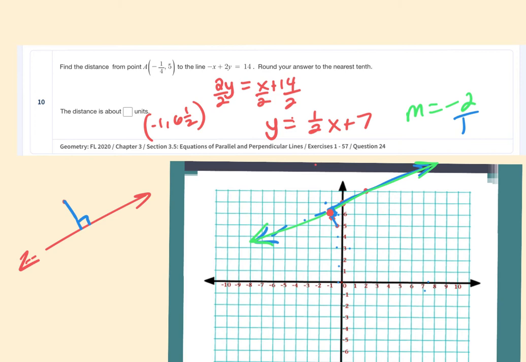So you have to find the perpendicular line by doing the negative reciprocal of the slope of the original line, and then identify that point from there. You can't just pick any point on that line because it could be a slanted line, and then that's not the true distance.